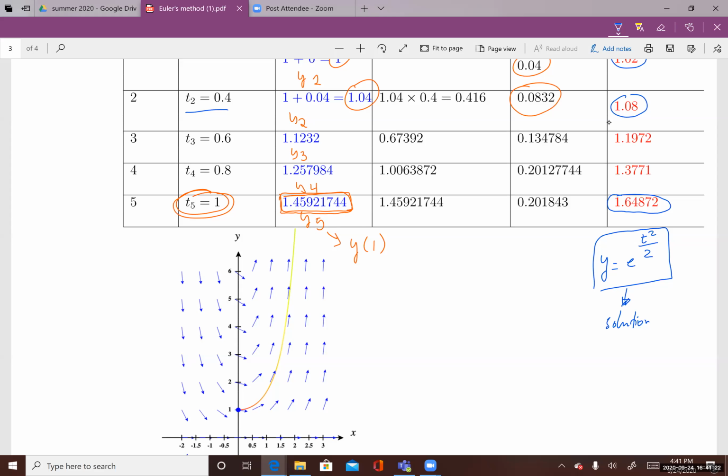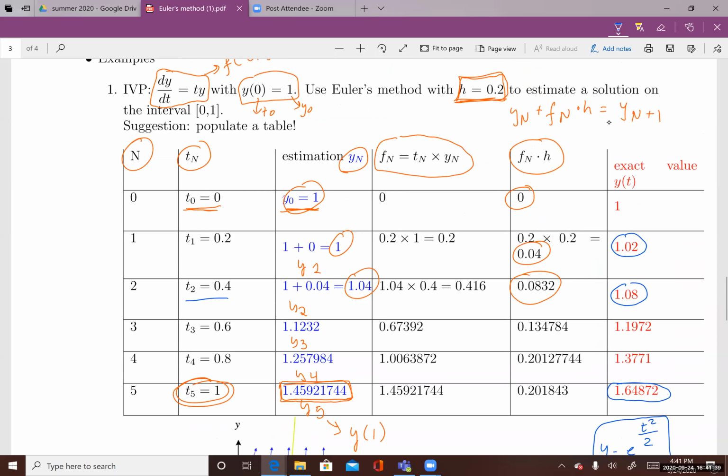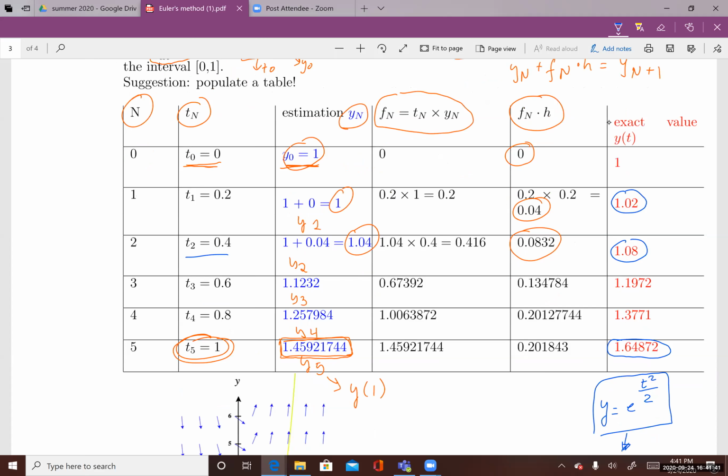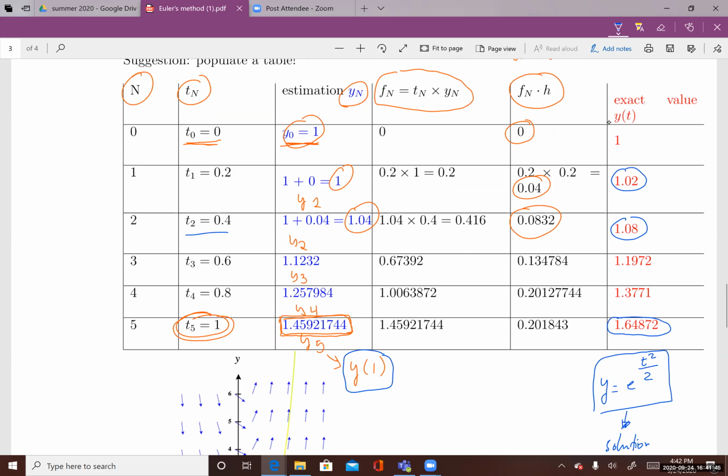The difference, the error of this estimation, is less than 0.2, which is not great, but it's not that bad. Without Euler's method, I have no idea how I could estimate the function value when t equals 1. But now I have some idea: it's close to 1.459.